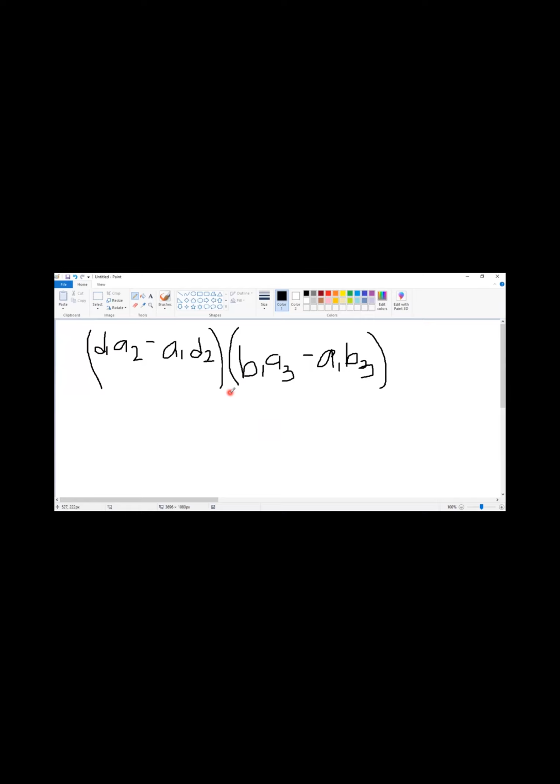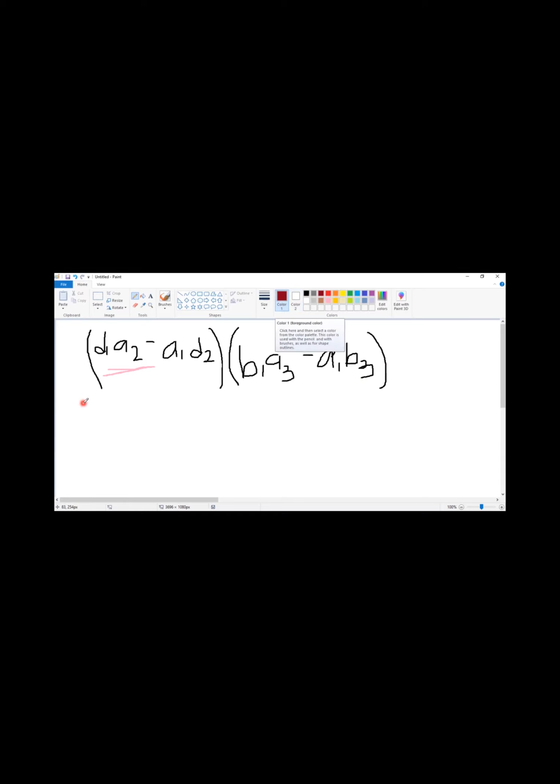Just to explain further, we have this. So how do we multiply these two? We take it carefully. Taking this first part here, we multiply it with everything that's here. Let's go.